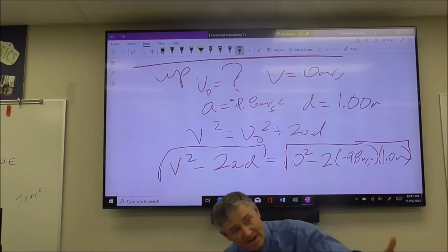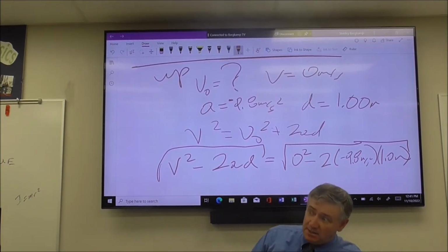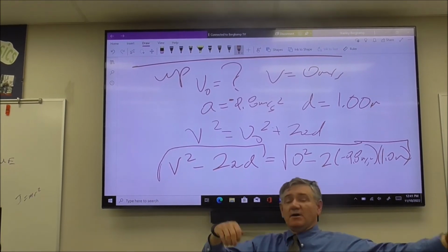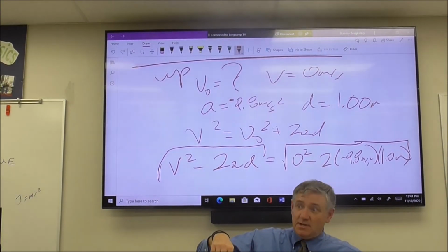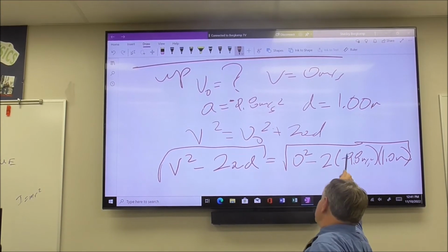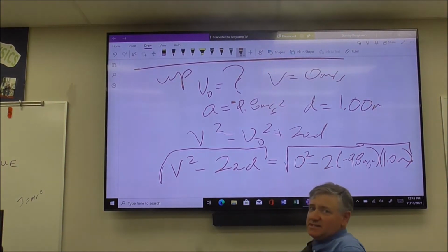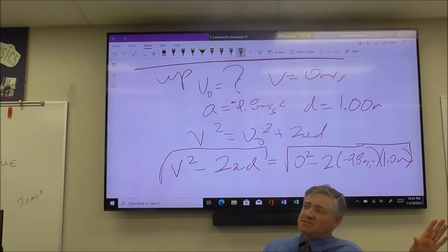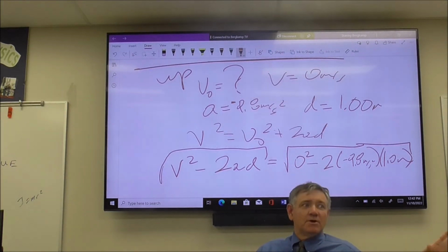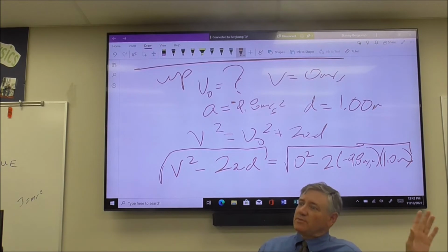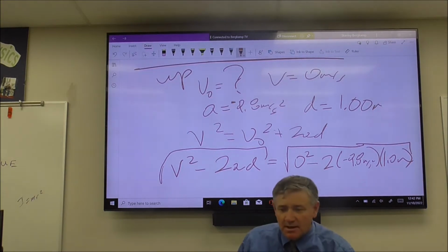Since I'm subtracting a negative number, guess what? I get a positive value underneath that radical. And yes, I'm going to look to make sure that you have this negative sign and you have 0 squared minus that. That's going to be some of the points on this problem. Did you work it with the correct signs?